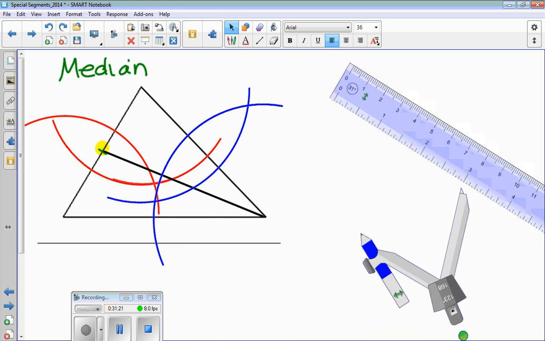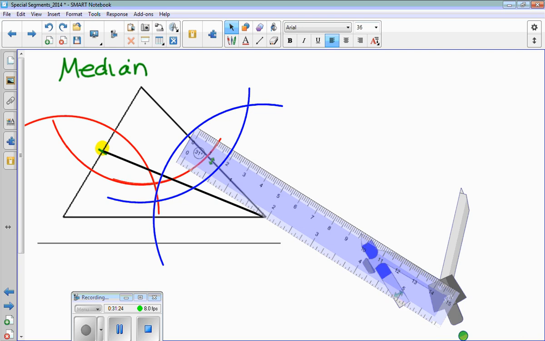And I'm going to use my ruler to find the midpoint now.